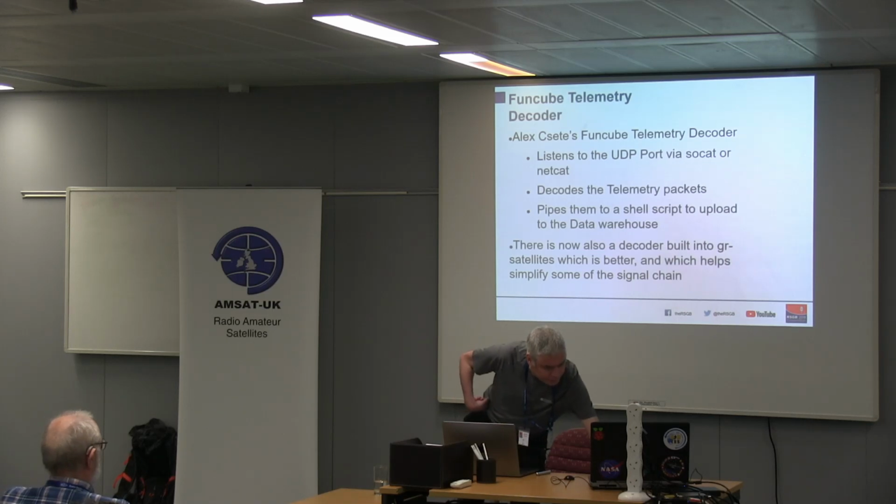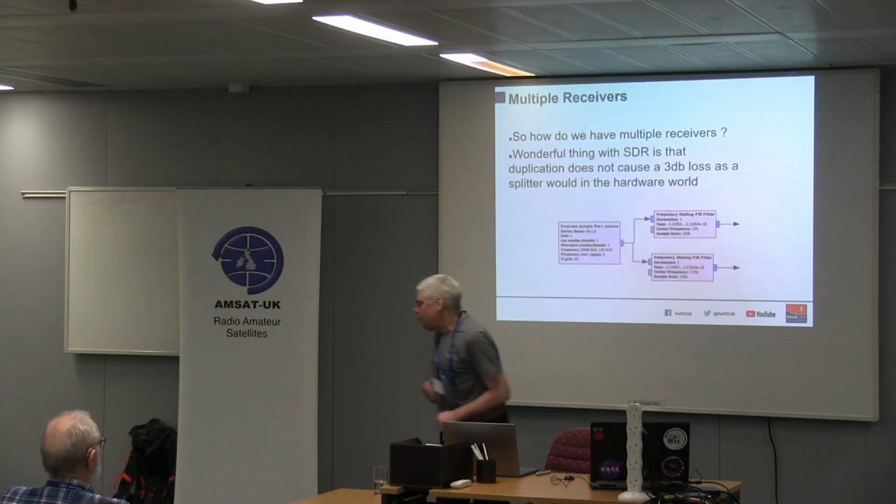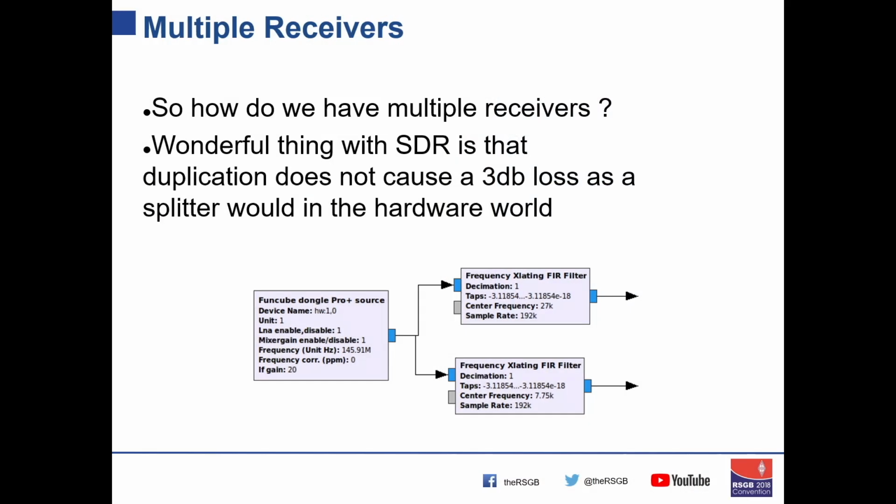Now, what if we want multiple receivers? Using an analog splitter can be done, but as we all know, that's a 3 dB signal loss. However, in the digital world, you can split as many times as you like and not lose any signal once you've acquired it. So here we have the signal acquisition. It's the same block you saw before.